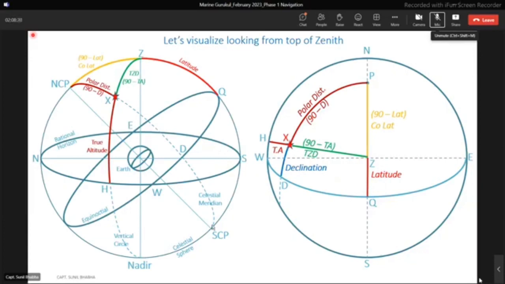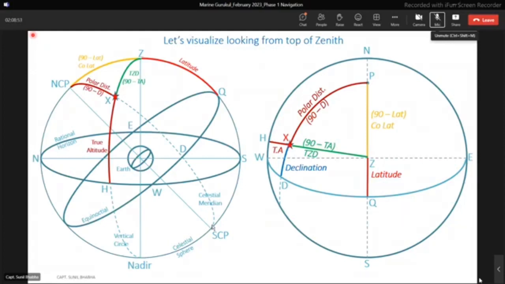So are we going to draw the declination circle also? Say again, beta. So, generally, X is our body, right? And DX is the declination. So, usually, are we going to draw the declination circle also, which runs almost parallel to the equinoctial?